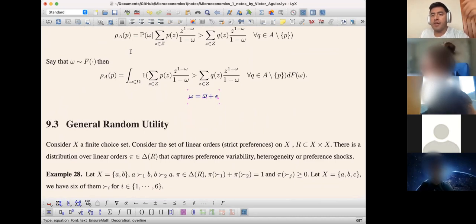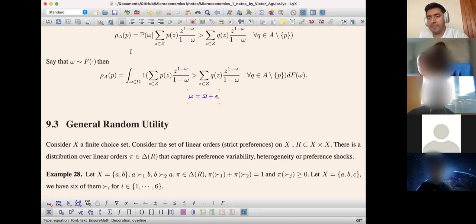Remember? That included the WARP, but also included this acyclicity condition that is a way to capture the transitivity condition, right? So in the world of random utility, we haven't done that yet. Do you understand? We're missing the analogue of the GARP.